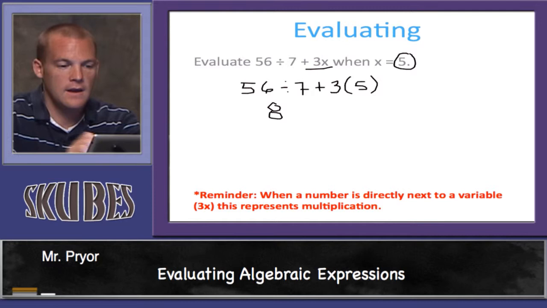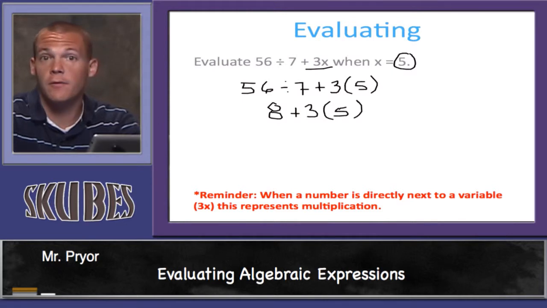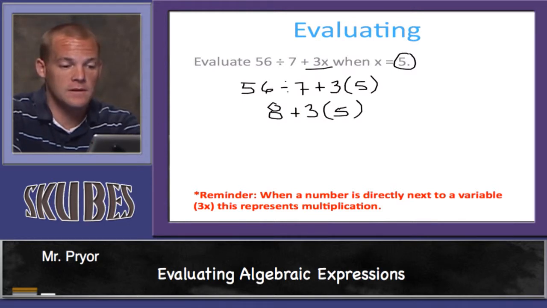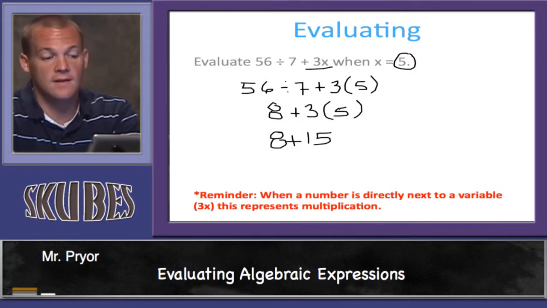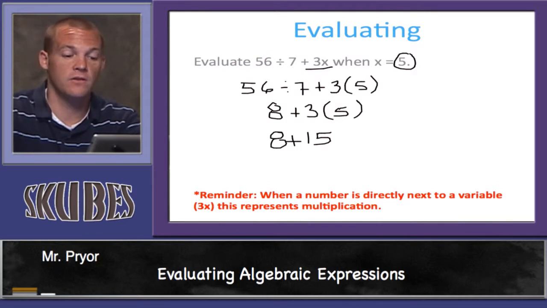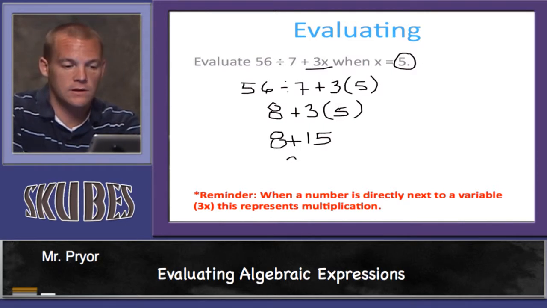All right. Then we're going to say plus 3 times 5. So I'm going to go ahead and do that multiplication now, and that's going to be 8 plus 15. 5 times 3 is 15, and to finish off this problem, you're just going to add 8 plus 15, which will give you a solution of 23.